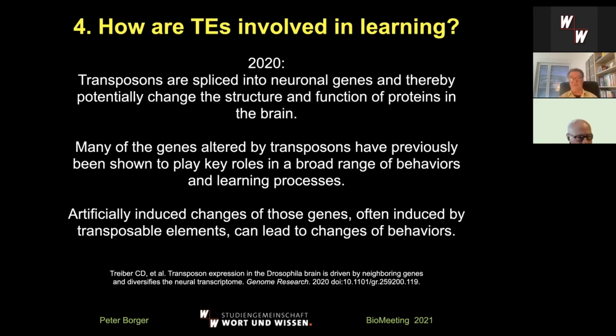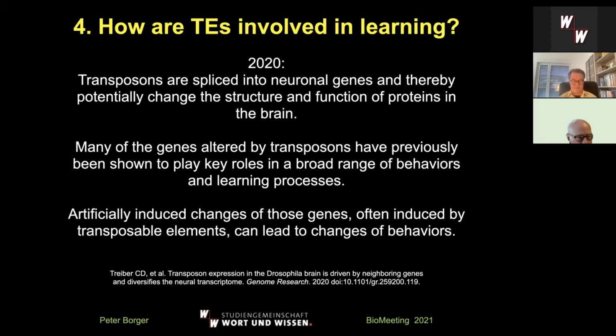Well, the most recent study I could find is from 2020, where they show that transposons are even spliced into neuronal genes and then potentially change the structure and function of these proteins of the brain. This is, of course, highly peculiar, because normally if a transposon integrates in a gene, it upsets this gene or this exon, and it cannot be expressed anymore.